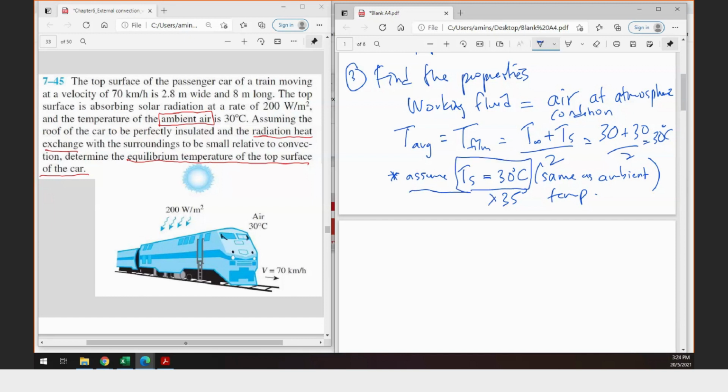I also could assume 35, but I just chose 30 to simplify so that the properties I take will be at 30 degrees Celsius as well. Otherwise, at 32.5, you need to do some interpolation. So, air properties at 30 degrees Celsius.